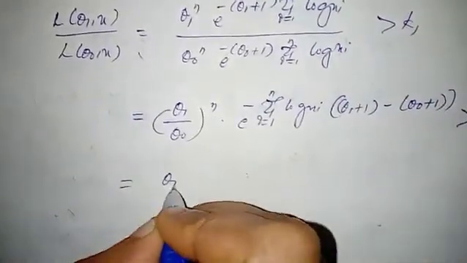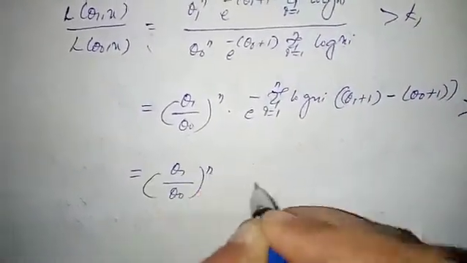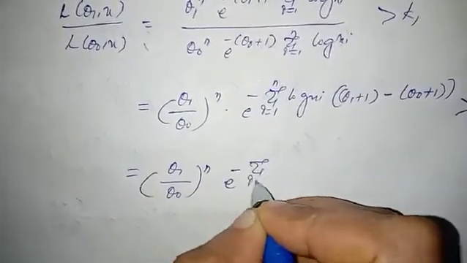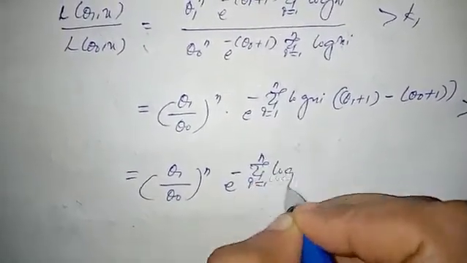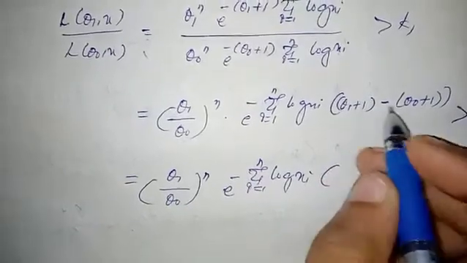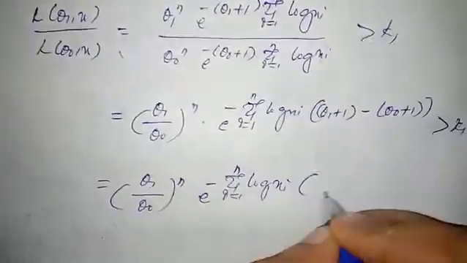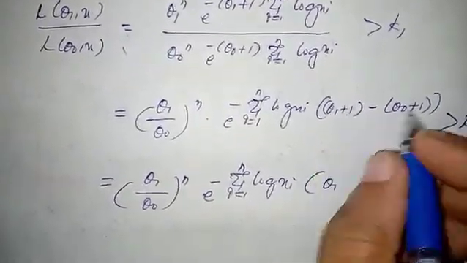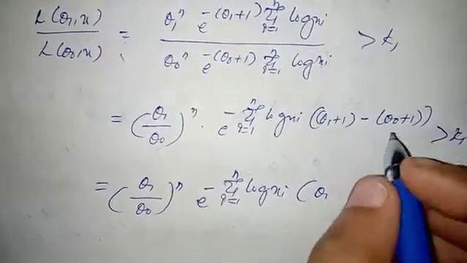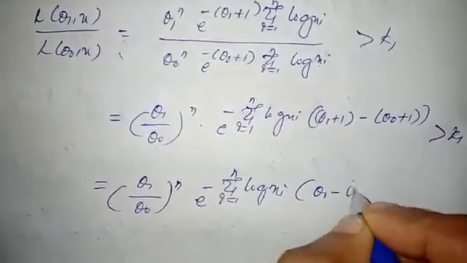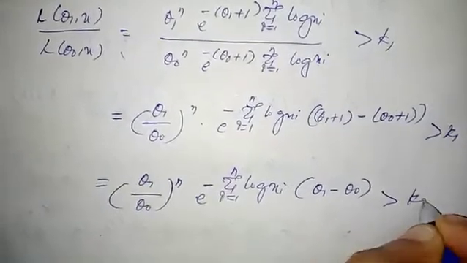It's equal to theta 1 divided by theta naught power n e power minus summation i = 1 to n log xi, here theta 1 plus 1 and minus 1, right? Here the minus then cancels, then we can write theta 1 minus theta naught, right? It's greater than k1.